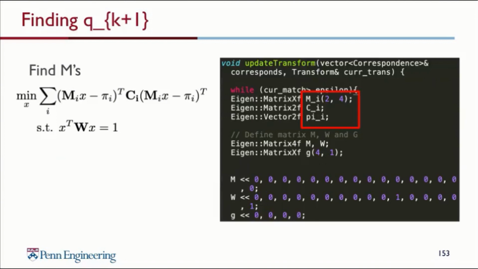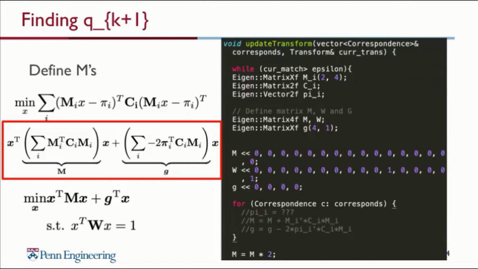The first step is to define the M, C, and W matrices for the objective function and the constraint. Note that we're using the C++ library Eigen in order to define these matrices and the matrix operations.